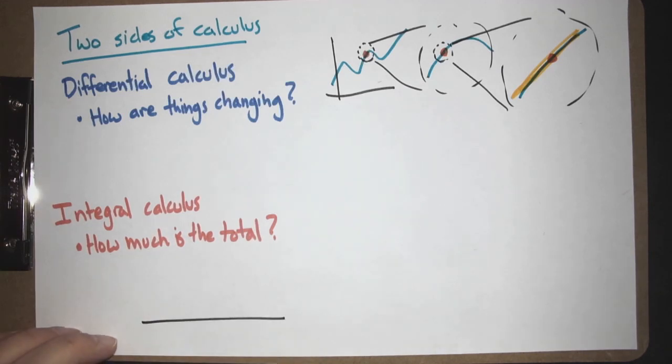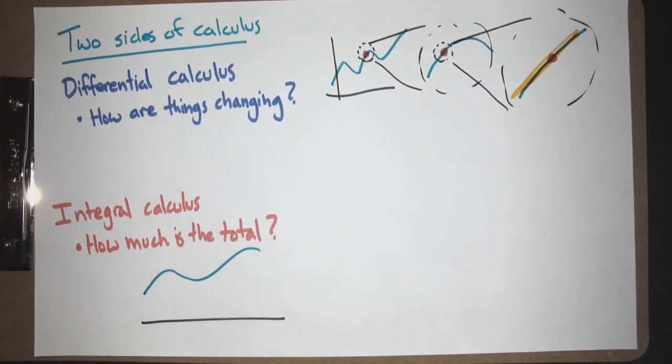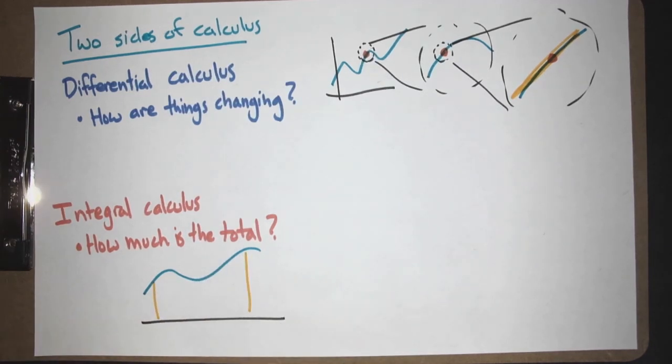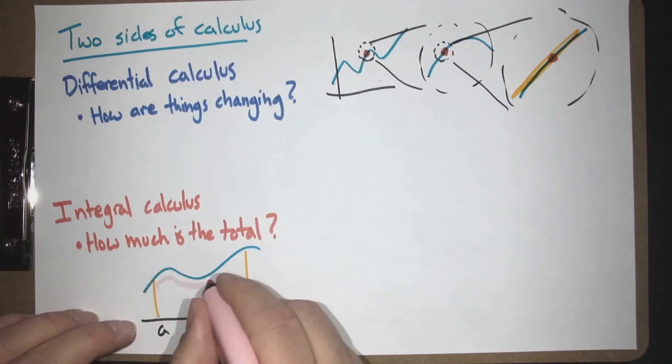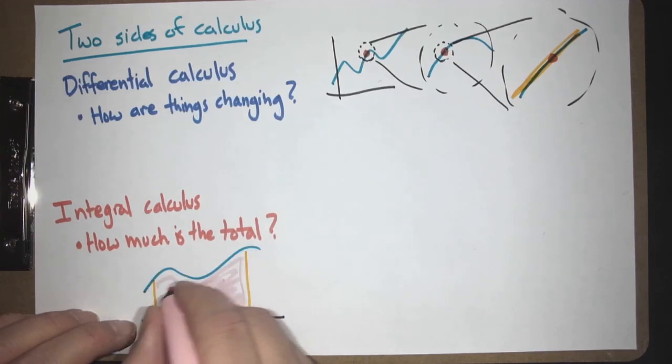I have a curve, and it's doing something. And I say, I want to find the total area under the curve between 2 points, A and B. That's the goal. How much total, in this case area, but in general, how much total of something.